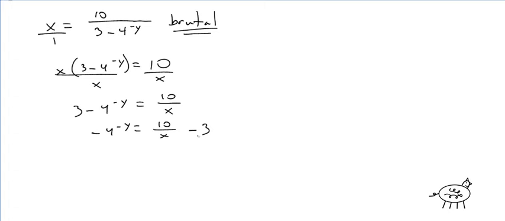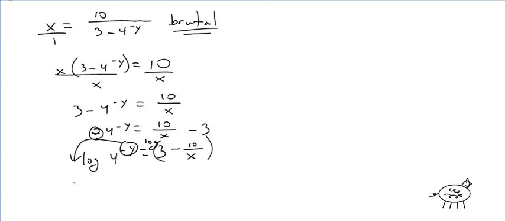Now I'm going to take the log of both sides. Well, let me get rid of this negative here first. I think that's a good idea. So 4 to the negative y equals, multiplying everything by negative 1, 3 minus 10 over x, right? And then it's a good idea to take the log of both sides, log here and log here of that whole thing. And this guy goes in the front. So we get negative y times log of 4 equals log of 3 minus 10 over x.